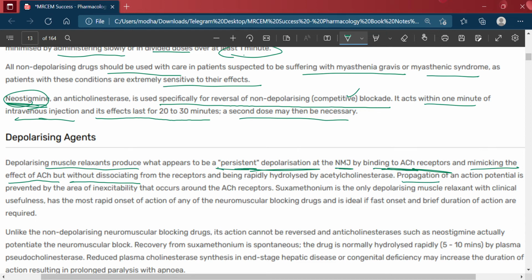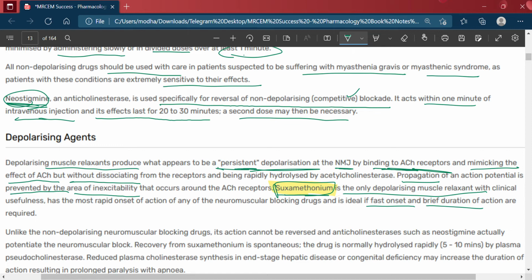Propagation of an action potential is prevented by the area of inexcitability that occurs around the acetylcholine receptor. Succinylcholine is the only depolarizing muscle relaxant with clinical usefulness. It has the most rapid onset of action of any of the neuromuscular blocking drugs, and is ideal if fast onset and brief duration of action are required.